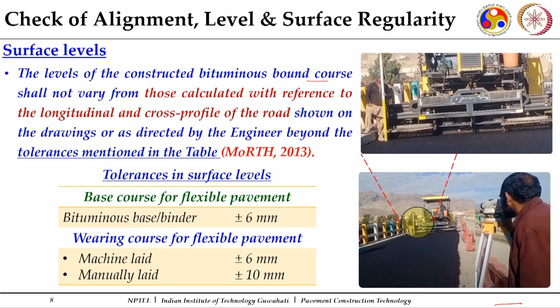So those calculated with reference to the longitudinal and cross profile of the road shown on the drawings, as directed by the engineer, should not be beyond the tolerances, and the tolerances given by the MORTH specifications, when you are constructing the bituminous bound courses, are within plus minus 6 mm. So you can understand that these are very strict quality control checks, which are required when you are looking into the bituminous bound courses.